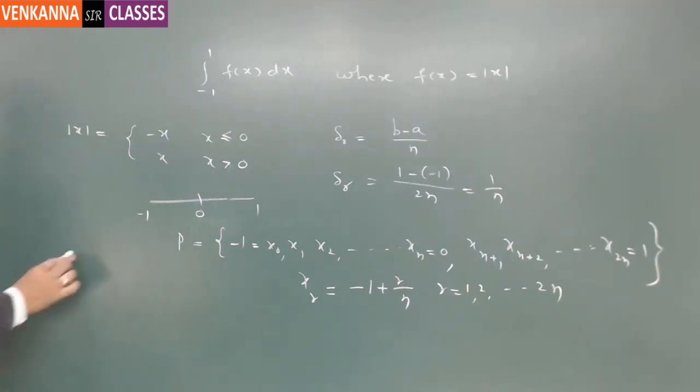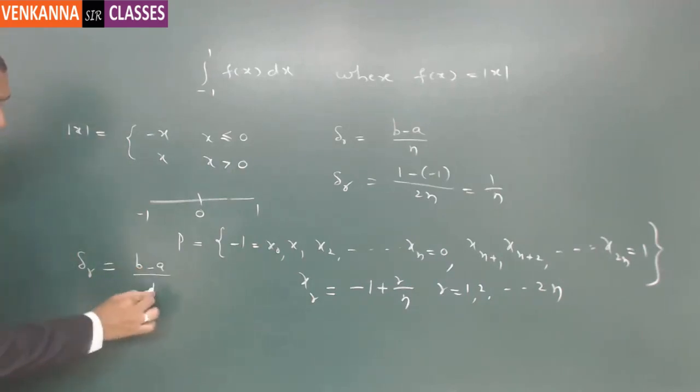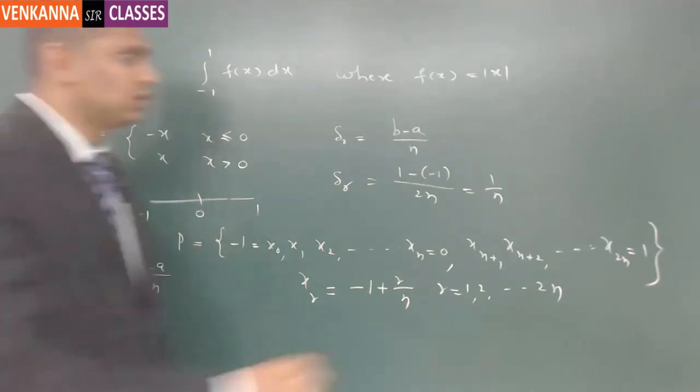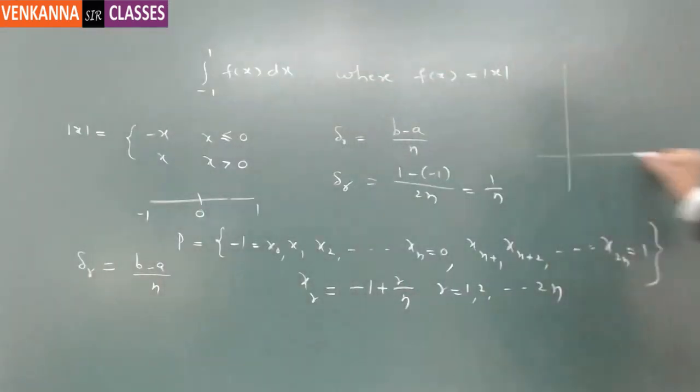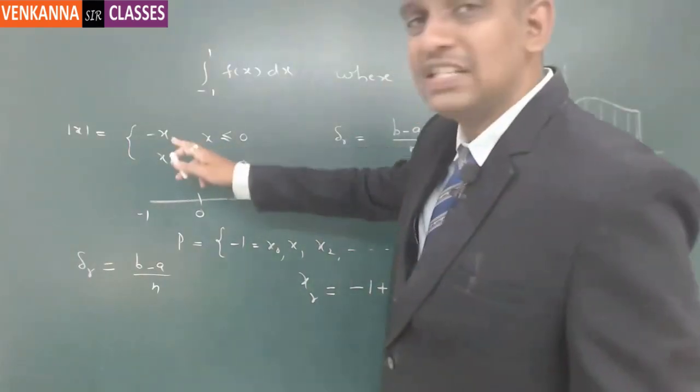Actually, we calculate delta r as b minus a by n, nothing but the range is bifurcated into n equal segments, isn't it? Why are we making n equal segments? If you consider a graph that is throughout varying in this way, the function is not changing at all. So from this part to this part, you make n equal parts. Now here, the function value is changing.